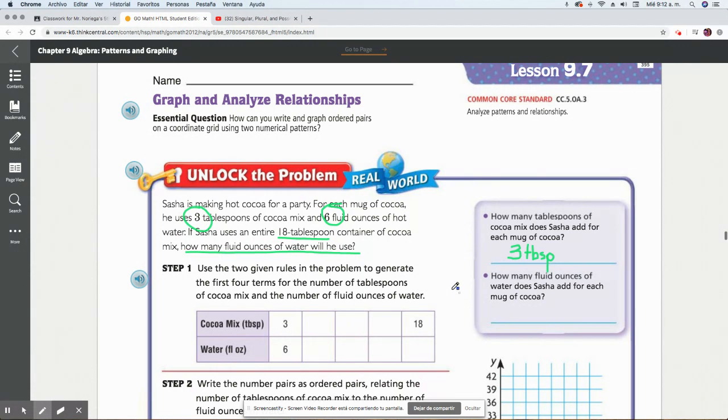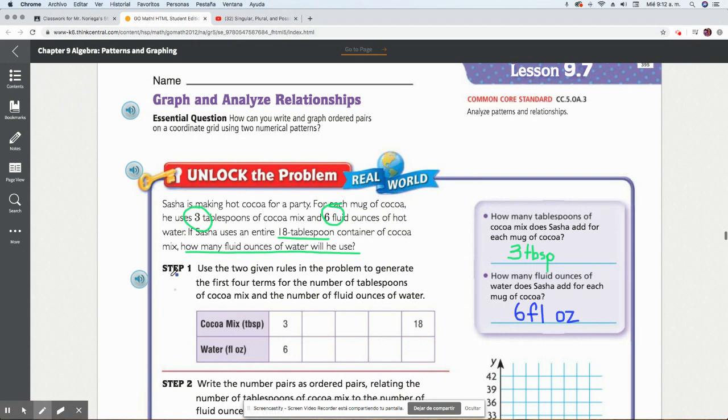Now the second question: how many fluid ounces of water does Sasha add for each mug of cocoa? She adds 6 fluid ounces of hot water. So that will be our answer, 6, and we're going to abbreviate fluid by writing FL and ounces OZ. Okay, that's the proper way to abbreviate fluid ounces. As I write in my book, please make sure that you are following along with the lesson and writing the information in your own book, please.